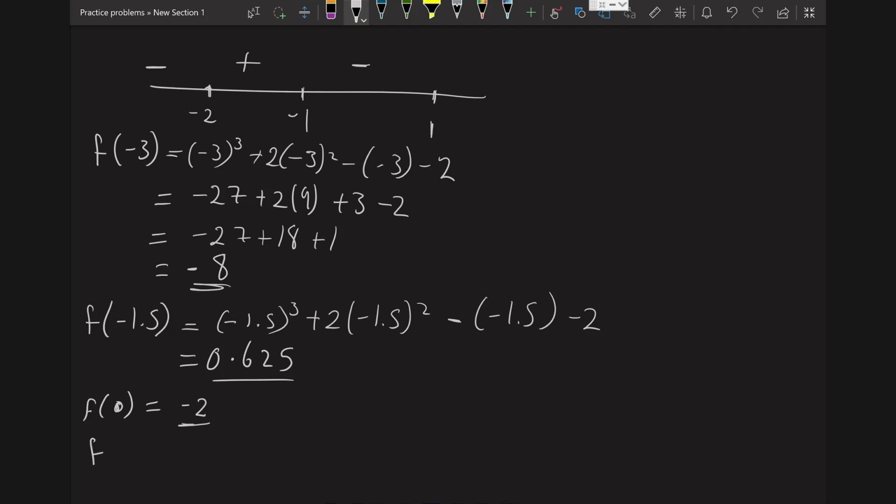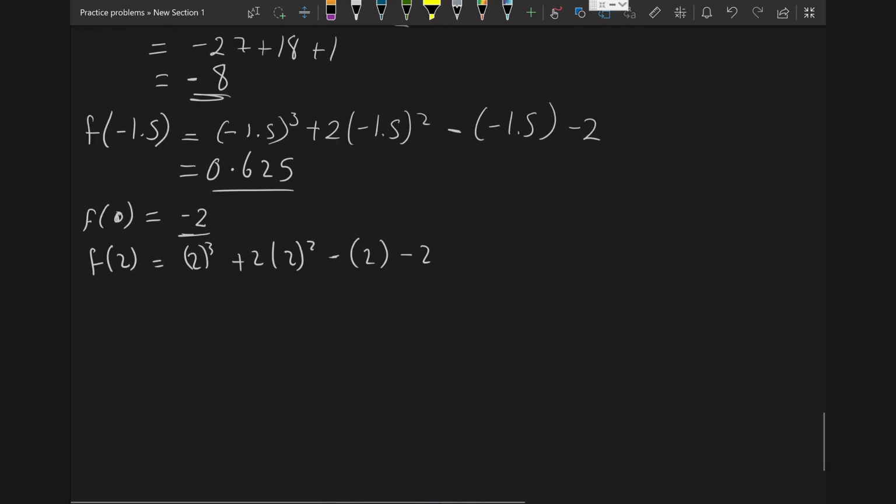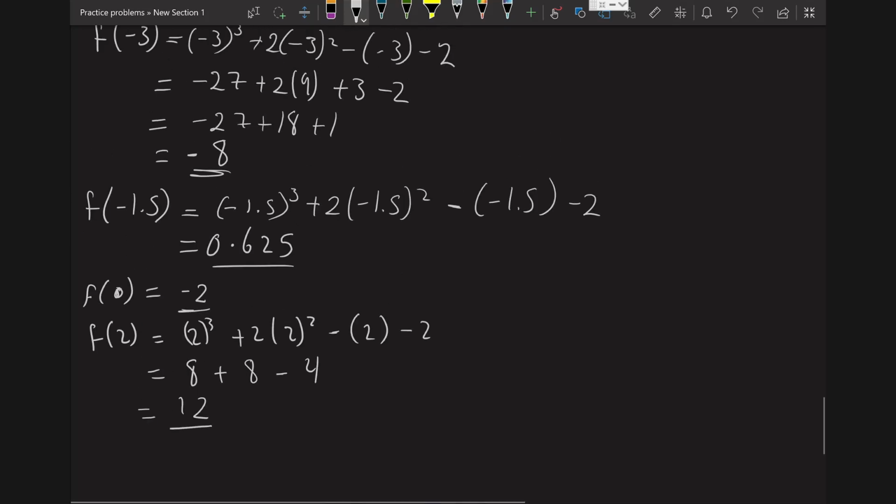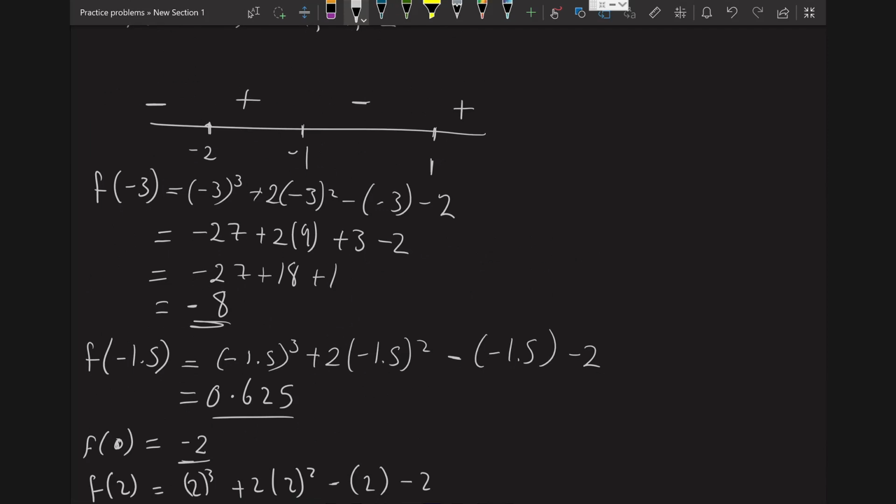So we'll try f of 2, which is equal to 2 cubed plus 2 times 2 squared minus 2 minus 2. That would equal 8 plus 8 minus 4, which is equal to 12. So therefore, this range is positive.